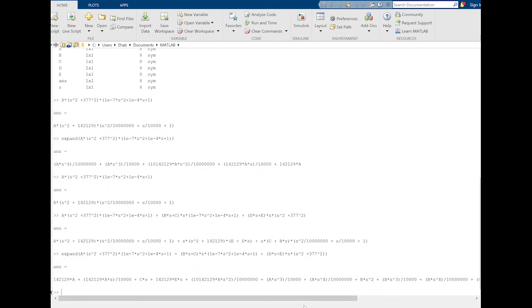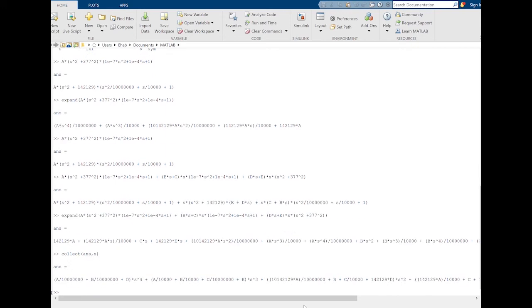Let me see. I think there's a collect function, so collect answer s. I'm just checking if there's a collect function. Oh yeah, there is a collect function. I'm familiar with the collect function in Mathematica. The reason I'm using MATLAB at this point is because you have more access to MATLAB anyway, but my license expired for Mathematica.